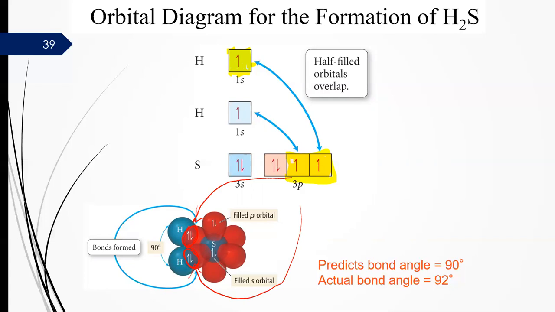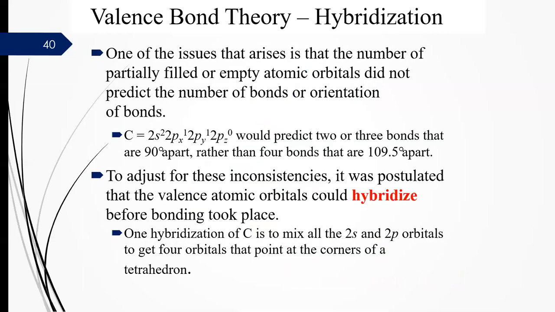So this works great when we're dealing with hydrogen because hydrogen only has that one opening and that one is a sphere, so it can really align well with any of those different parts. But an issue shows up, which is that the number of partially filled or empty atomic orbitals doesn't always predict the number of bonds or the orientation.